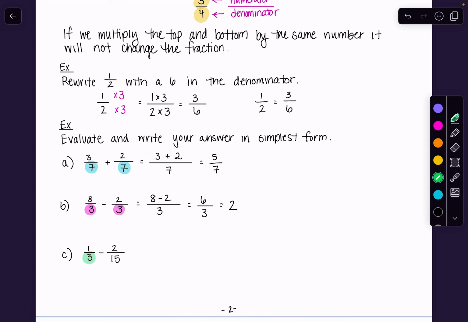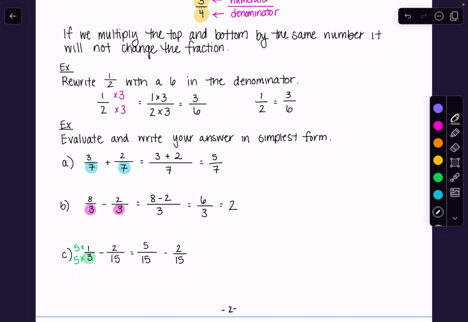So what I'm going to do is take the 3 and multiply it by 5 because that'll give me 15 in the bottom, which means I'm going to do exactly the same thing in the numerator. So in the top, you'd have 5 times 1, which is 5, and then 5 times 3, which is 15. So 1/3 is exactly the same as 5 over 15.